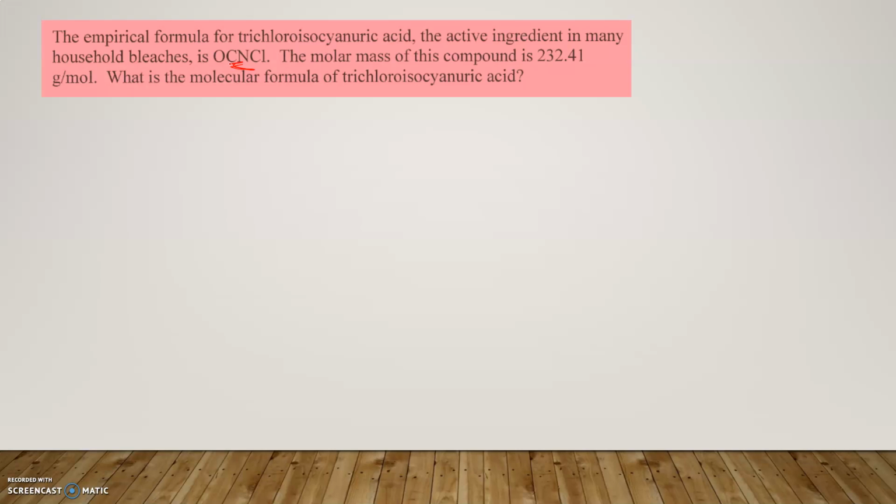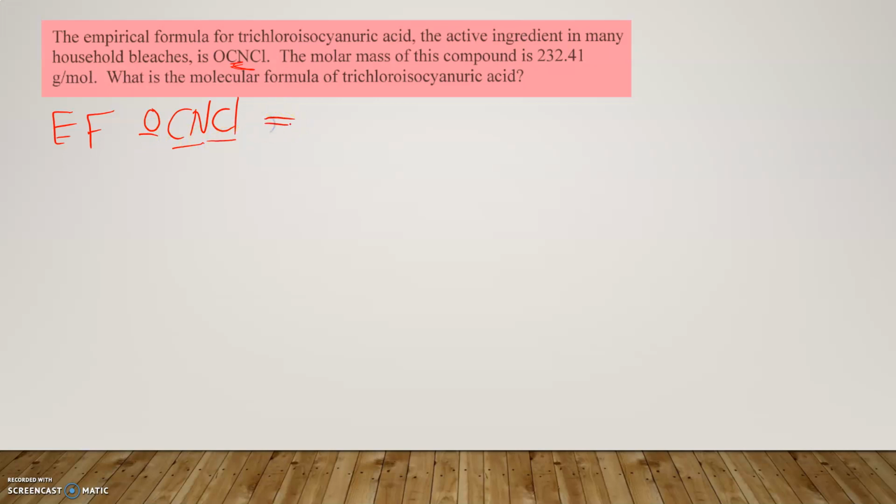Actually he's not giving any masses, but he's making it so easy. You have the empirical formula, which is OCNCl. This compound is made of oxygen, cyanide, and chlorine.